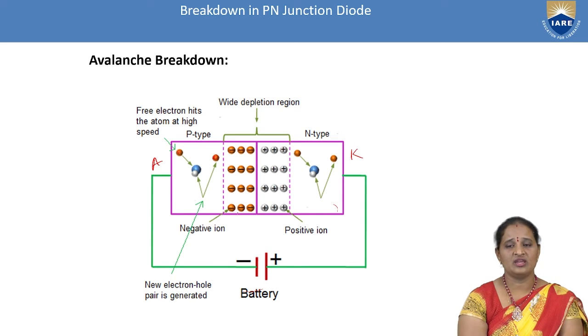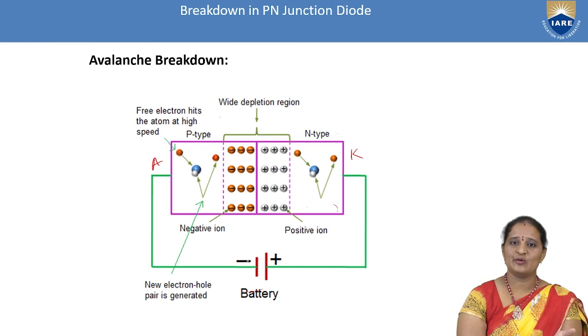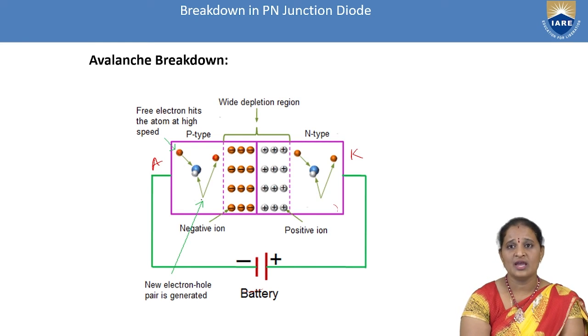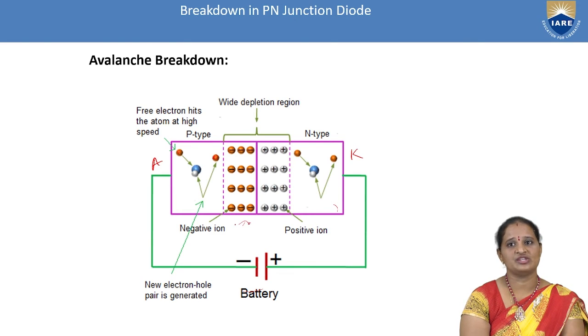One thing you have to remember, whenever the majority carriers move away from the junction, they recombine with the atoms, leaving the donor atoms or acceptor atoms uncovered, which increases the width of the depletion region.